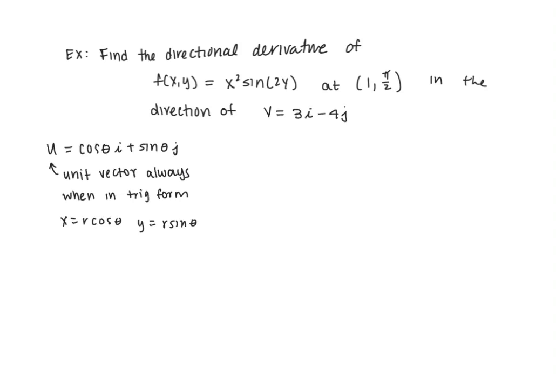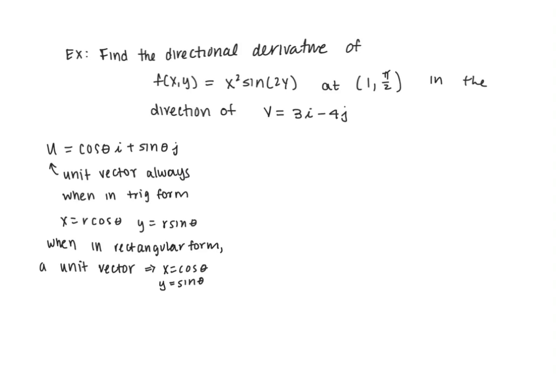So when a unit vector is in rectangular form, x equals cosine theta and y equals sine theta. You ignore the r part. So that's how you can get back and forth between the components and cosine theta and sine theta.